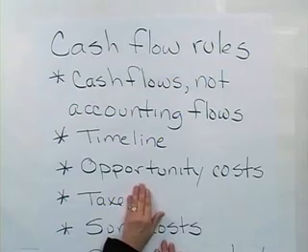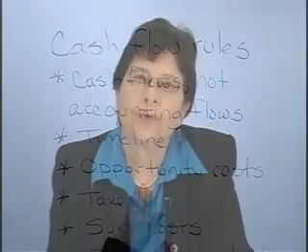Now, next, opportunity costs. When a company uses a resource, whether that resource is money or land or equipment or a building, whenever the company uses that resource, there's a cost associated with it. If they were not using that resource for this particular project, what else would they be doing?